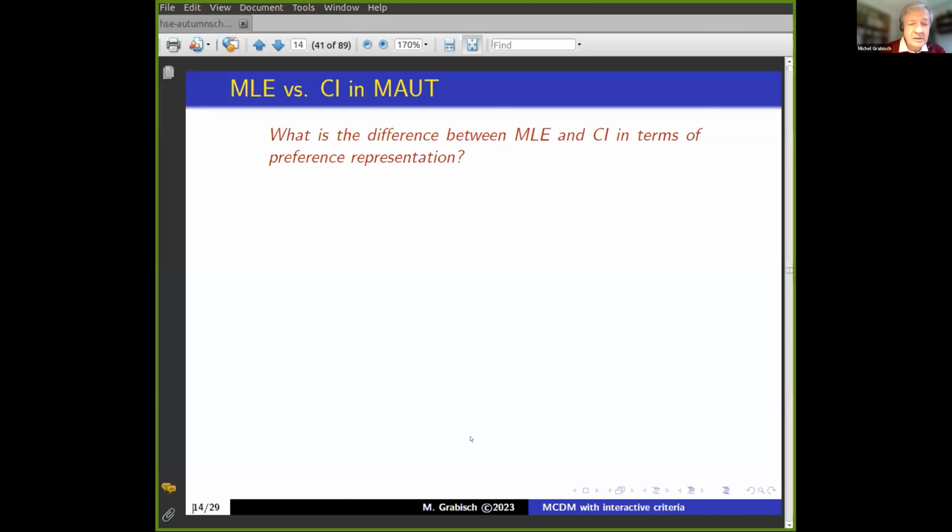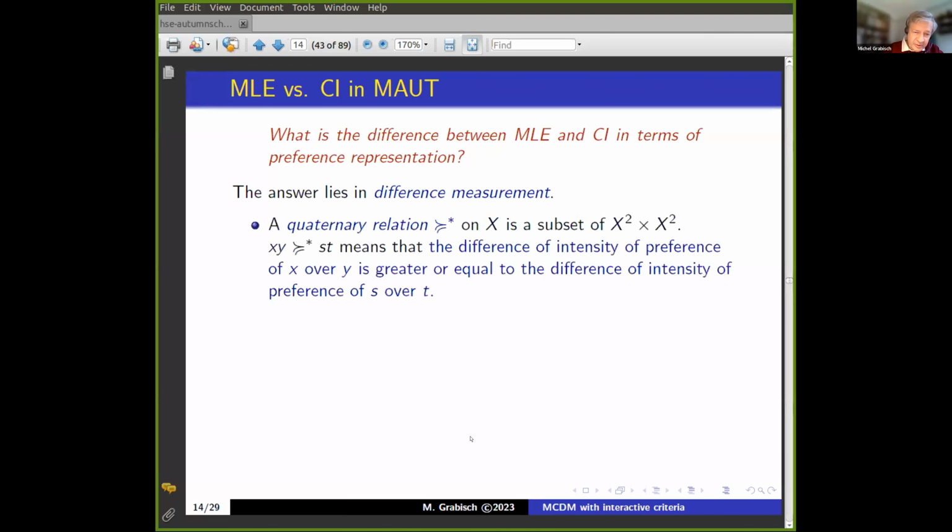It's possible to answer this question, but again we have to go back to measurement theory, and especially difference measurement. This complicates things a little bit, so maybe I will not insist too much because time is running. For this, I need not a binary relation, but a quaternary relation, comparing pairs of objects.